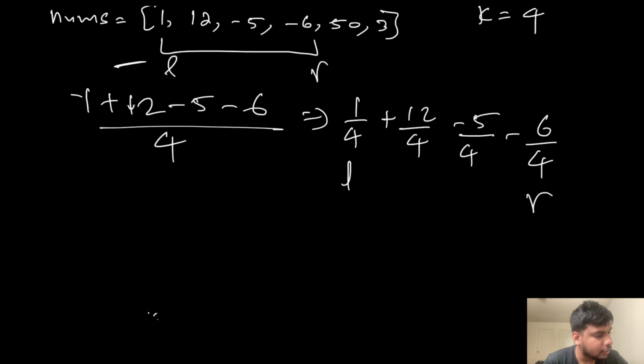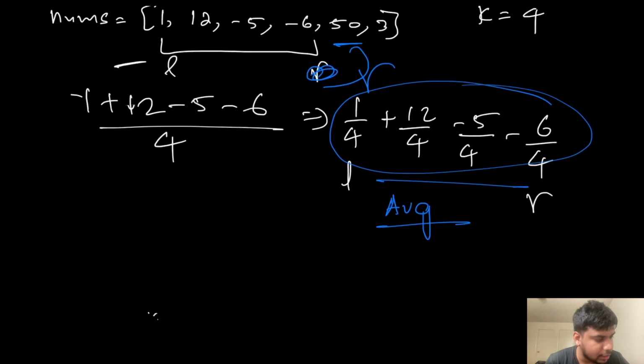Whenever you extend the window, basically when R goes here, if you have the running average, let's call this average, then that will be the average value.